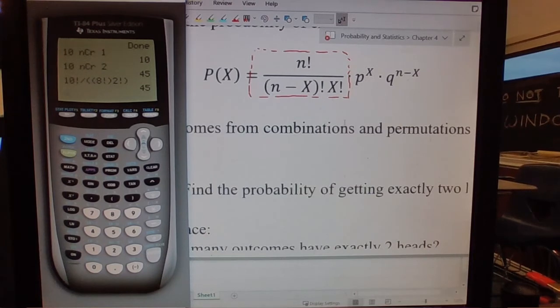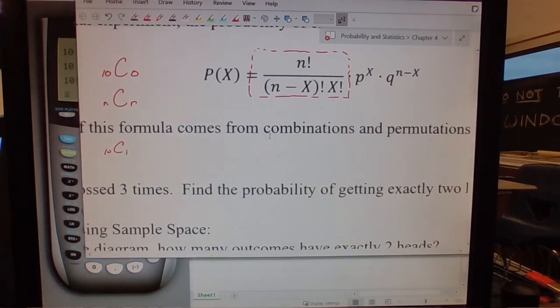So you may see from time to time, if you were to Google binomial distribution probability, you're going to maybe see this.